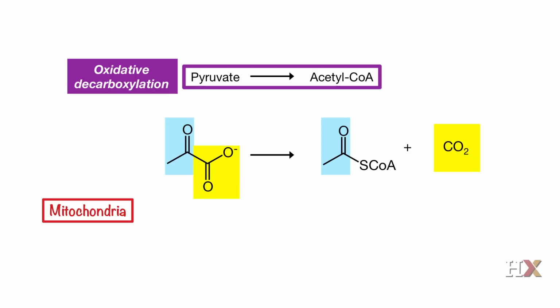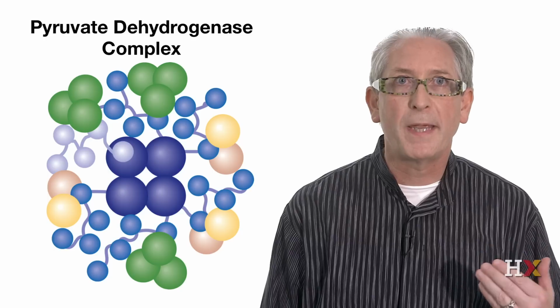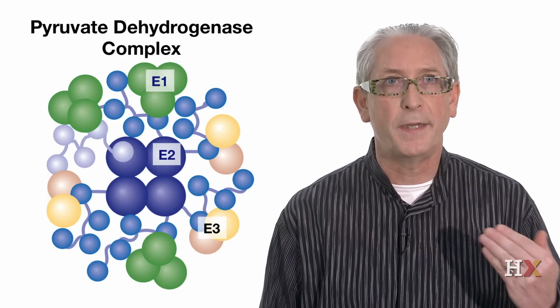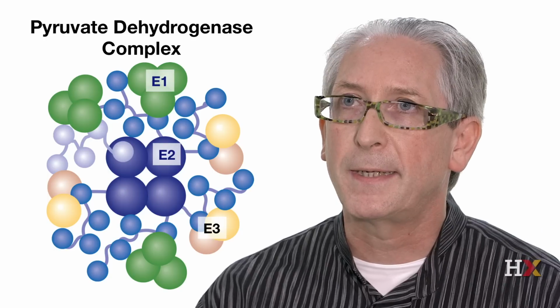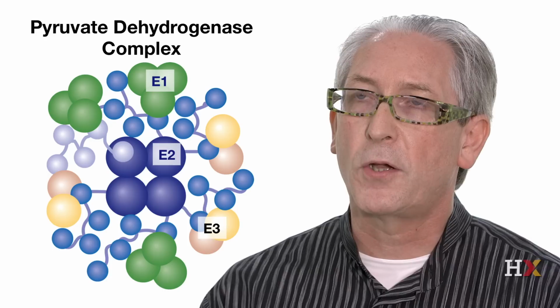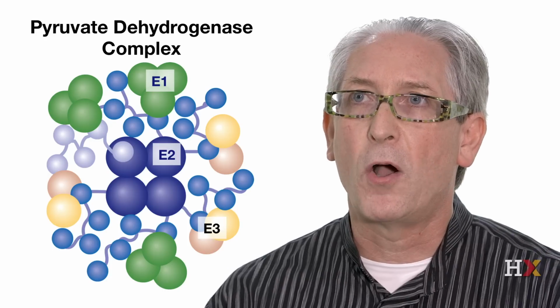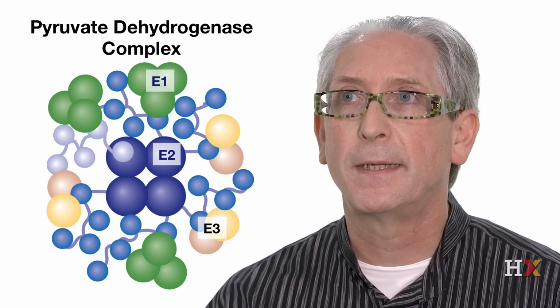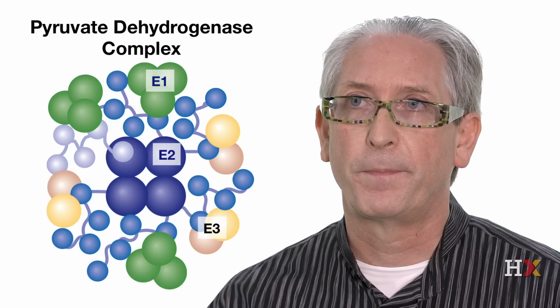Oxidative decarboxylation is catalyzed by a multi-enzyme complex called the pyruvate dehydrogenase complex, which is made of three types of enzymes, E1, E2, and E3. In bacteria, the PDH complex contains a catalytic core formed by 8 trimers, each made of 3 E2 subunits.